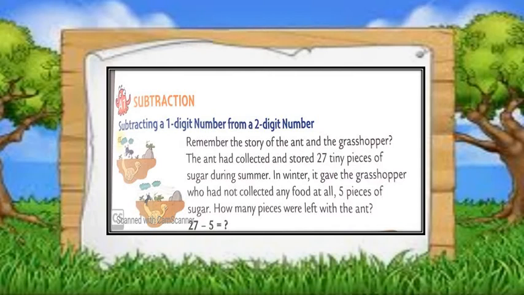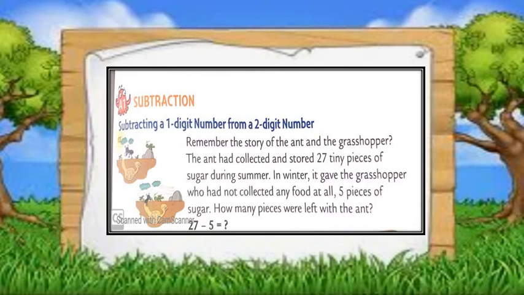What does it say? During the summer, an ant stored food for winter, where she stored 27 tiny pieces of sugar. But the grasshopper was lazy.